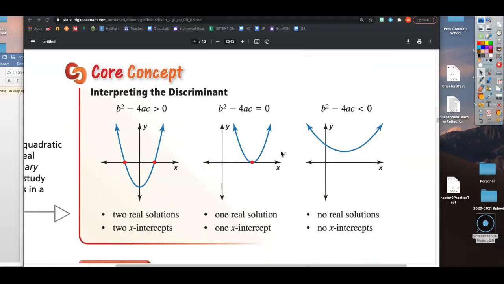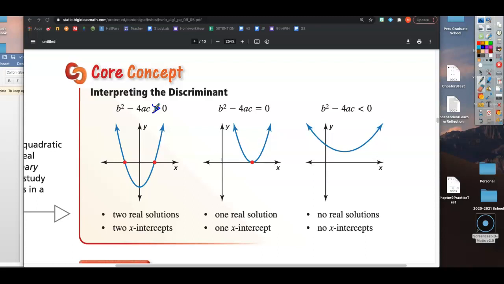So this is how we're going to interpret it. When I use the discriminant formula, b squared minus 4 times a times c, and I get that answer to be greater than 0, I'm going to have two solutions, which means that my parabola crosses the x-axis in two different places.